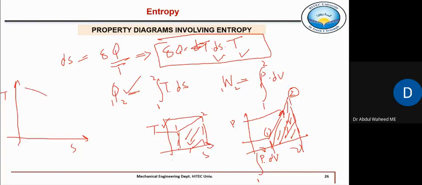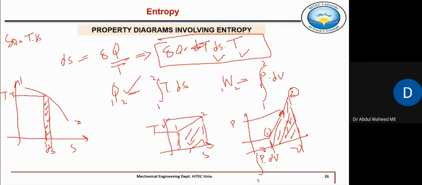So for example, there is some process on TS diagram. So if this is a differential change, right? During this process, that is the temperature T, and here is the entropy differential change in TS. So this del Q can be written as T into ds.